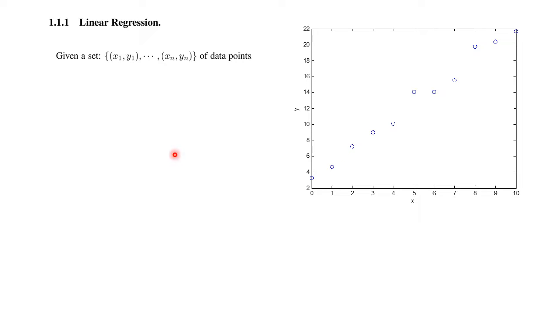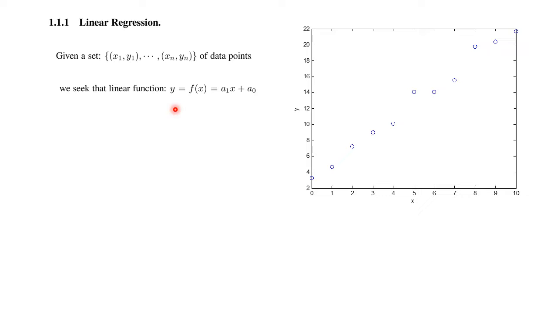So we've got a collection of data points, x1, y1 up to xn, yn. We've got n data points. The x's are the independent variable inputs and the y's are the dependent variable outputs. And this looks like a linear function here. By the way, I'm using the expression linear rather loosely.